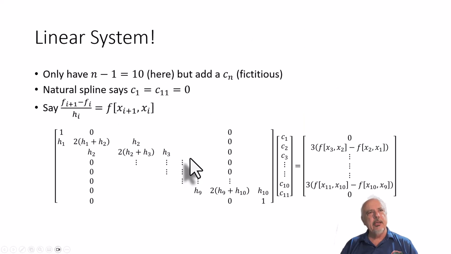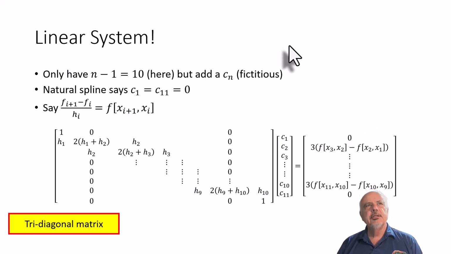Okay, so what I can do is actually set up a linear system, where our only unknowns are our C variables. We actually add a C because we only have 10 spline segments, but we go ahead and add a C, and we set C1 and C11 to 0.